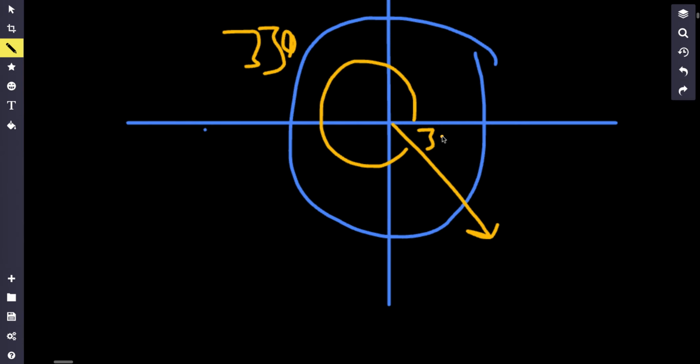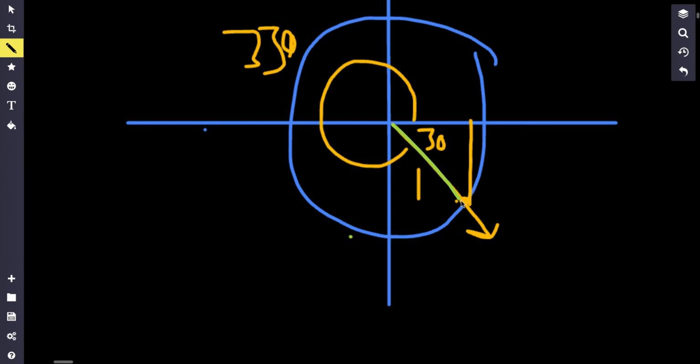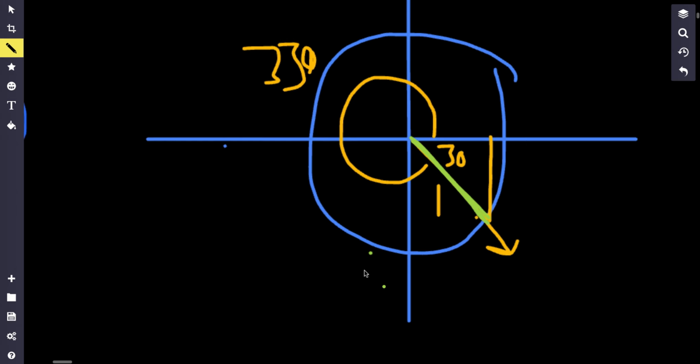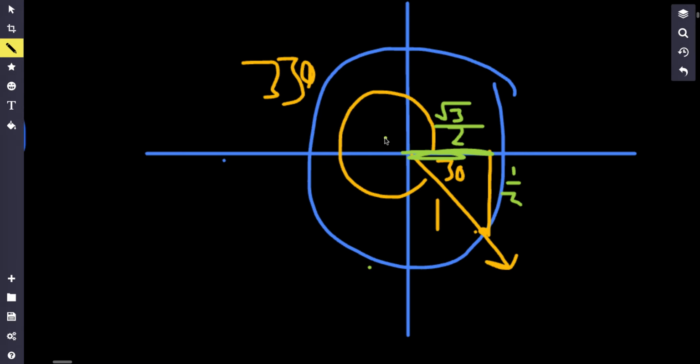In this case, the hypotenuse of your triangle is always going to be 1 because it's a unit circle. This right over here represents the radius of the unit circle. So therefore, this side's going to be 1/2, and this side's going to be root 3 over 2.